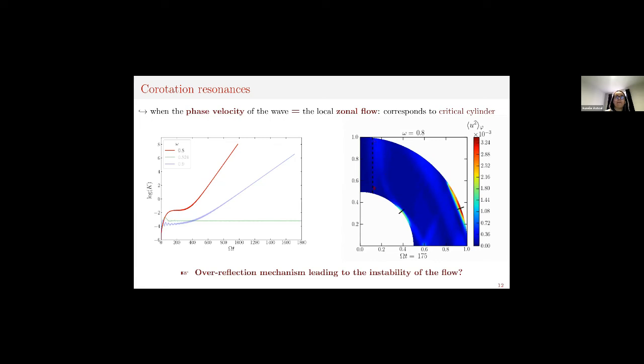And it must presumably be damped at the co-rotation resonance. But here it seems not really damped, and there is potentially some overreflection mechanism happening and making the kinetic energy explode near the critical cylinder here. So that's why the energy is blowing up at the end, because of this burst of kinetic energy here.